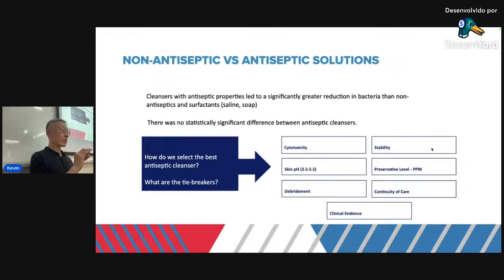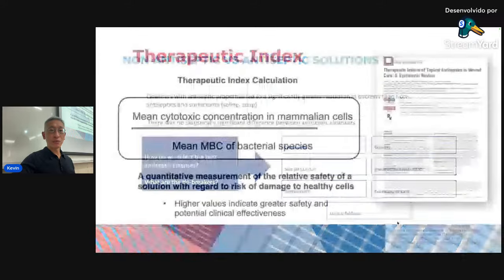Usually we don't often link the type of cleanser to debridement, but now there's a new concept called oxidative debridement, perhaps, that can chemically facilitate debridement in a very unique way. And so we have to think about the stability of the wound cleanser and also the clinical evidence available to us.